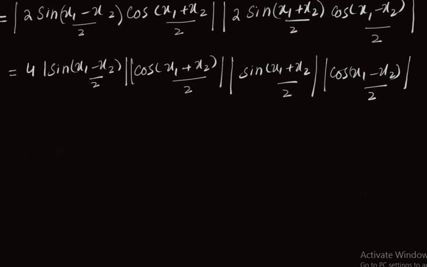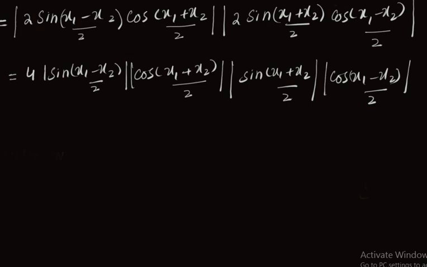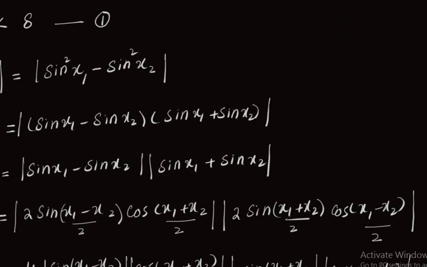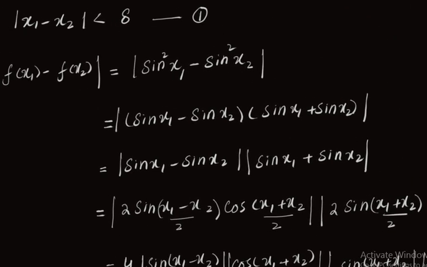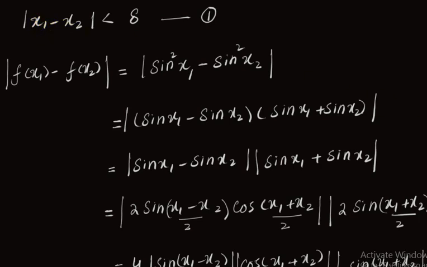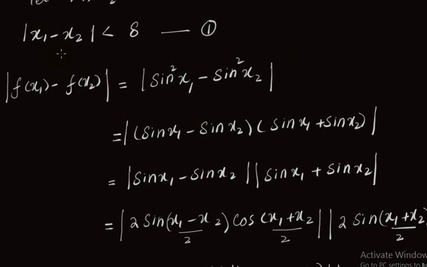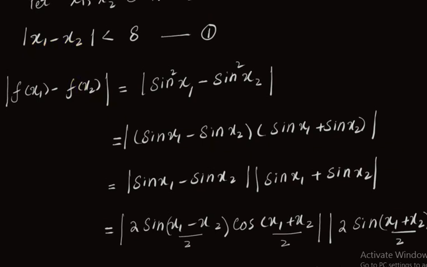Now students, as we need a relation between delta and epsilon, and we know that mod of x1 minus x2 is less than delta, our task is to establish this relation. Now we need a function in which x1 minus x2 appears as a factor.